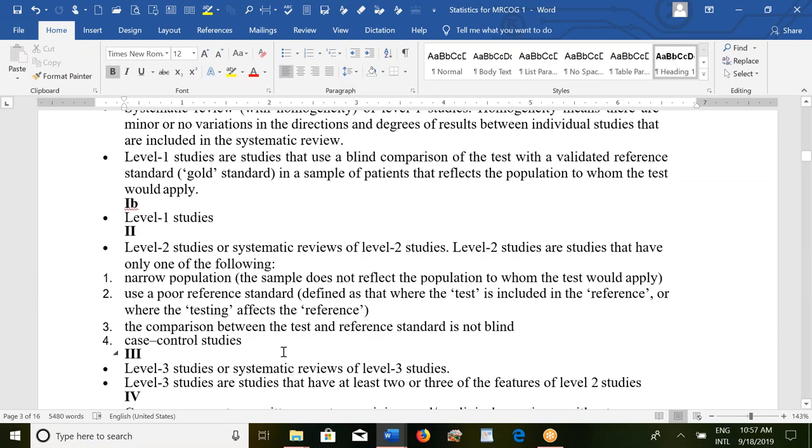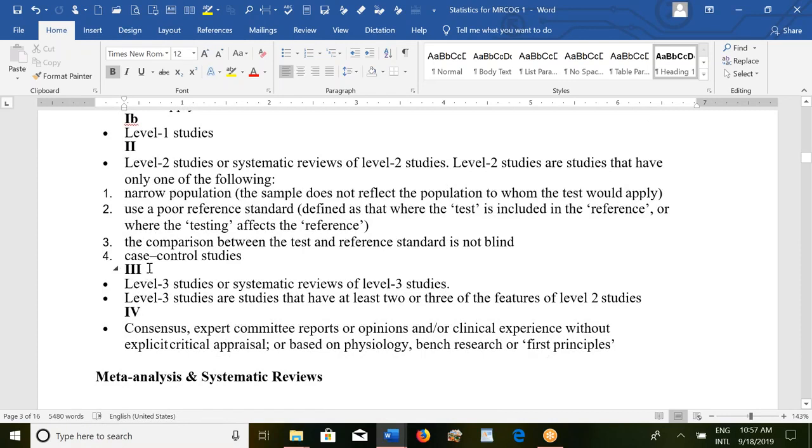Then third is the comparison between the test and reference standard is not blind. So the researcher or the patient knew that they are getting a test. Then there will be case control studies. So all in level 2.